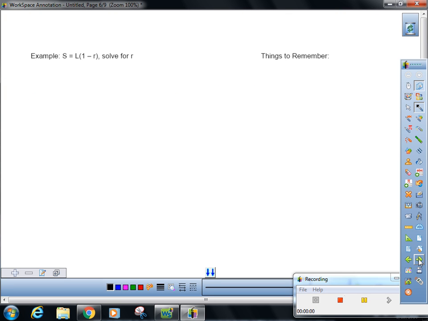Okay, example 2. Things to remember. The biggest thing with this one is don't get intimidated. I know this looks significantly more complex, but in this equation, this is all we're treating as a variable.